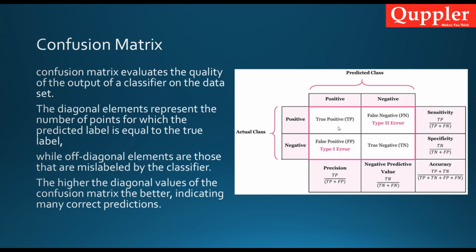The higher the number of values on the diagonal, the more correct predictions have been made by the model.